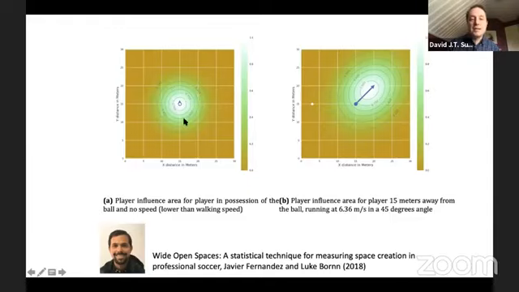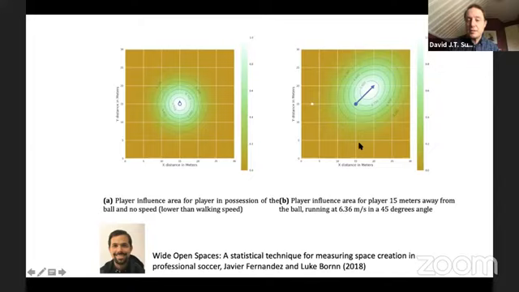If the player is standing still, then his or her area of influence is a circle around them. In fact, it's a Gaussian distributed variable they use. They use a normal distribution to describe the area of influence. And they also use a normal distribution for looking at a running player.